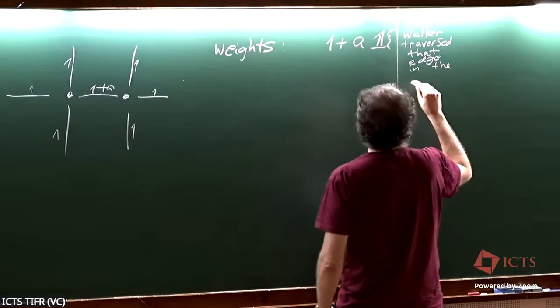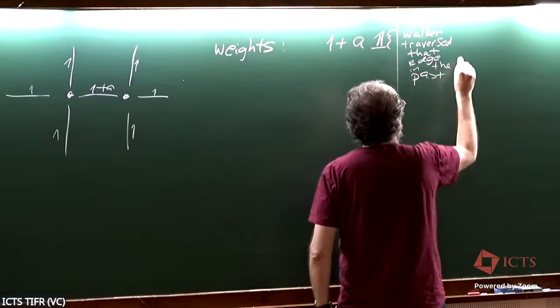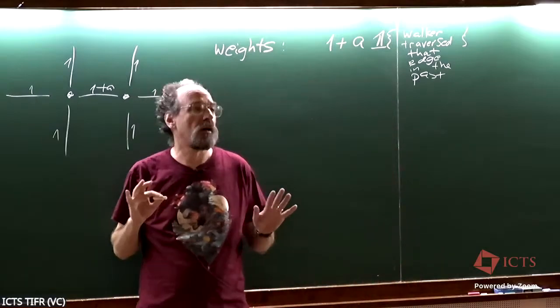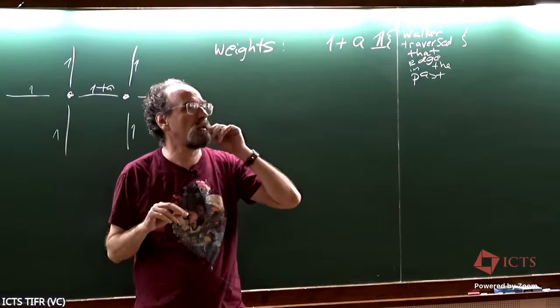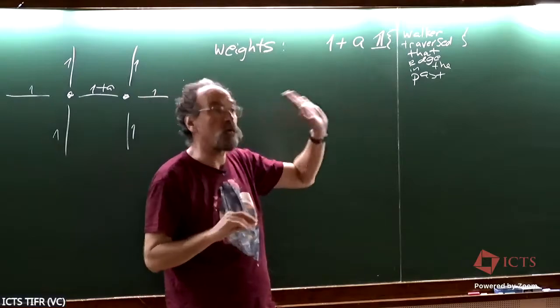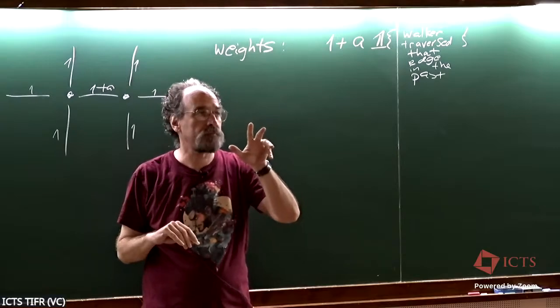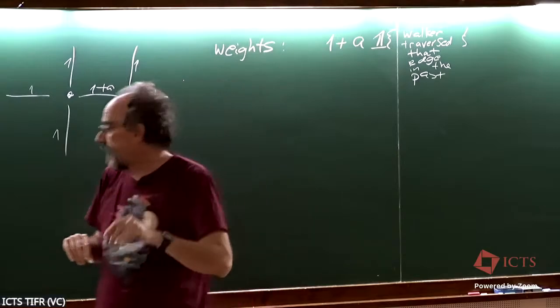Cool. Okay, I hope it's not too small. I'll try to write big. Okay, so is the definition of the model clear? Yes, in either direction. Okay, any further questions? Okay, I guess that's clear.